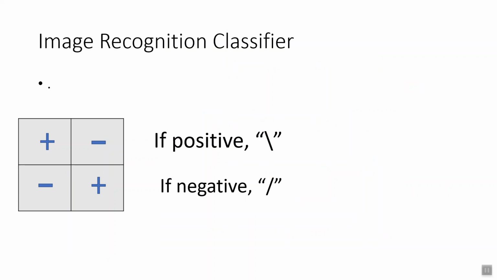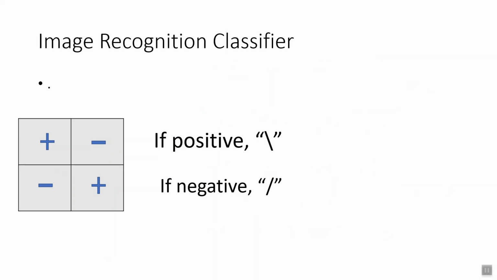If the result is a positive number, then we have a backward slash. If it is negative, then we have a forward slash. This classifier is pretty good because it is pretty robust.